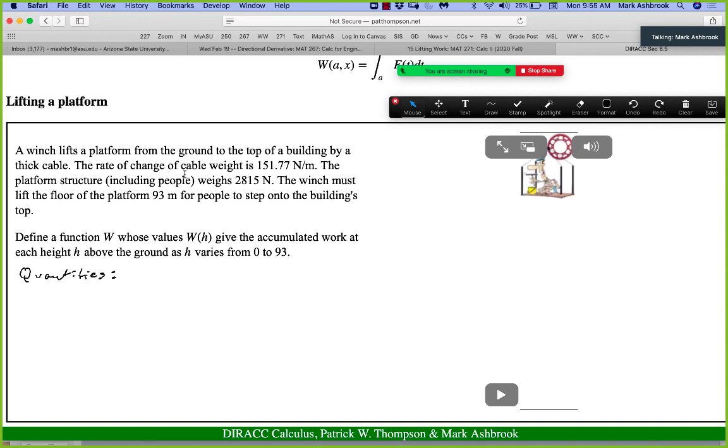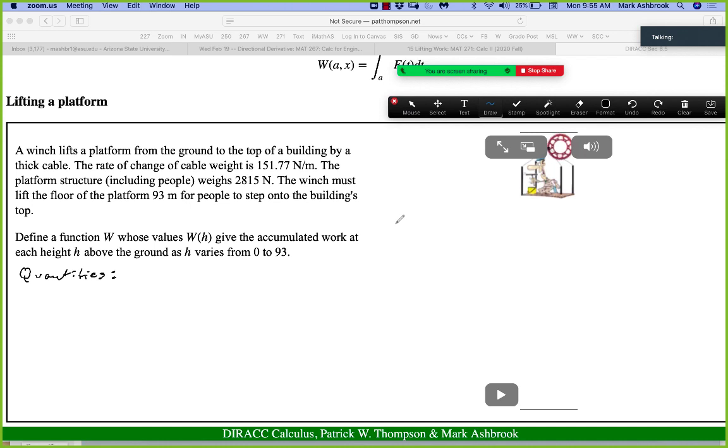So it's talking about the cable weight. So force acting on the cable? No, it's just talking about the cable itself. It's isolating the cable away from everything else and just telling you a property of the cable. Okay? So we would use that as like a constant to add on to the actual accumulation function, wouldn't we?